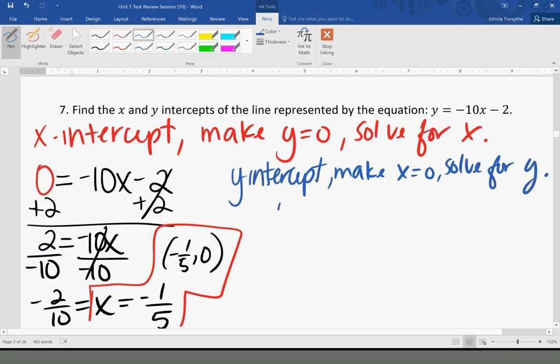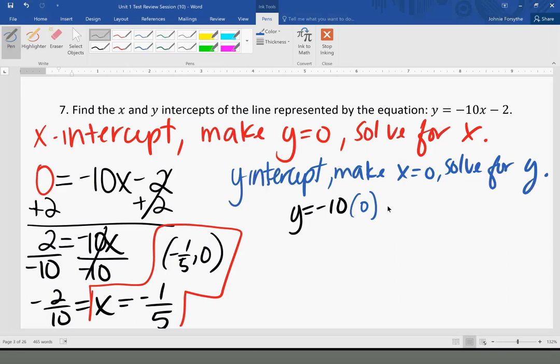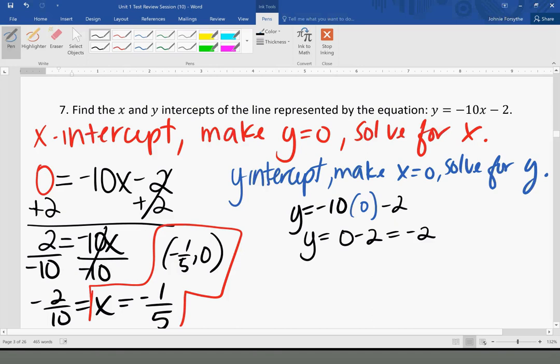So y equals negative 10 times 0 minus 2. Negative 10 times 0 is 0, so we have y equals 0 minus 2, so y equals negative 2. And if we want to write that as an ordered pair, that would be 0, comma, negative 2.